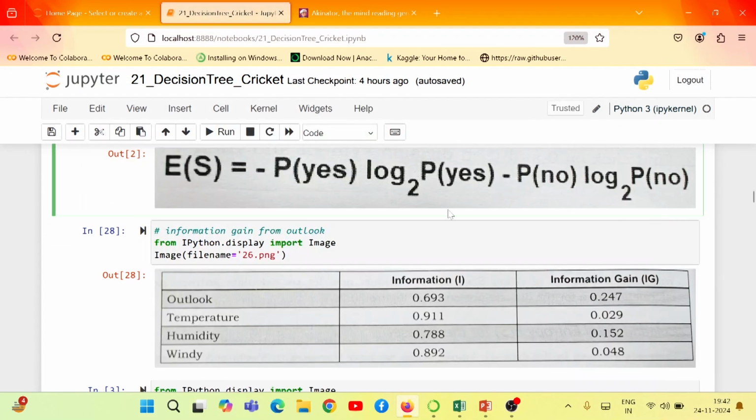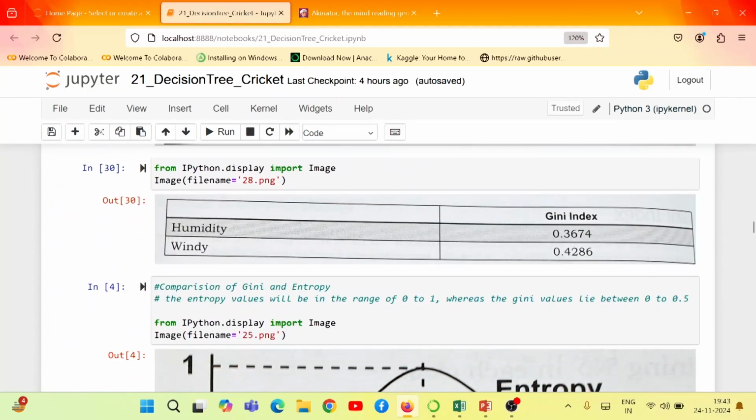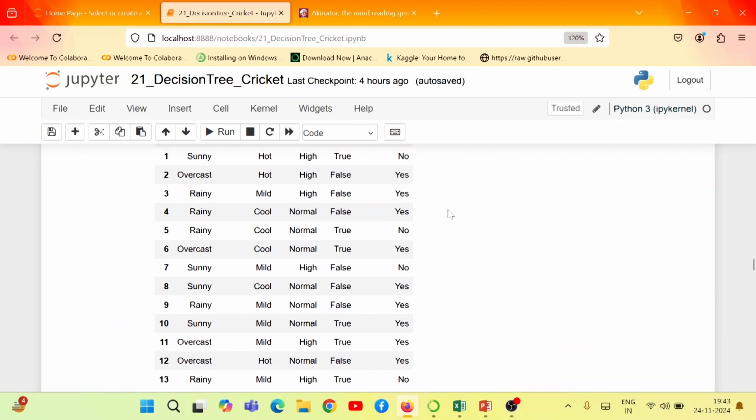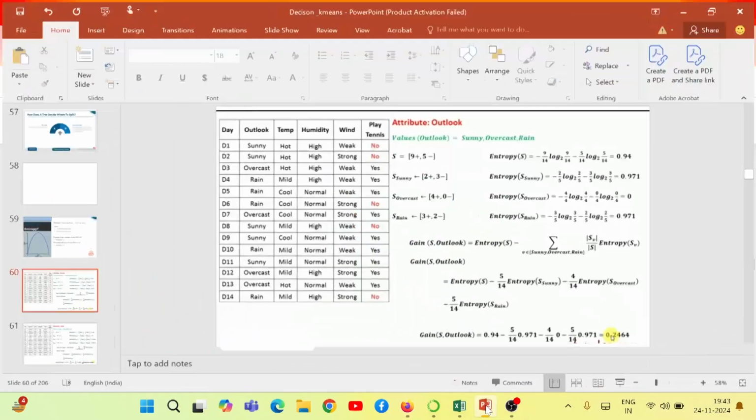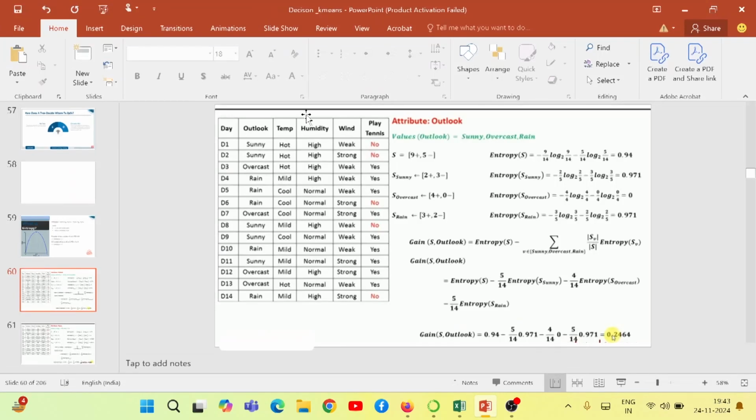This was our data, right? This was the data which we have with us. Over the same data I am showing you this calculation. So this is the data which I have kept over here. The concern was, out of outlook, temperature, humidity and wind, which node will become the root node. As we have learned, we have to find out the information gain corresponding to each feature.